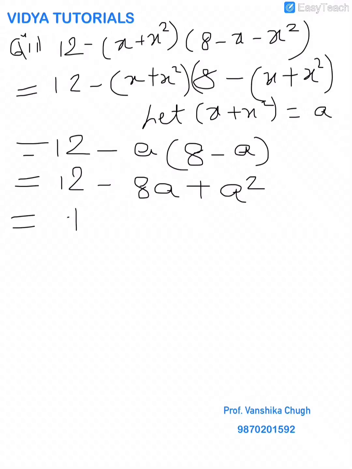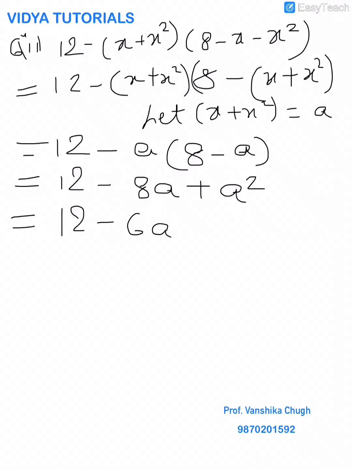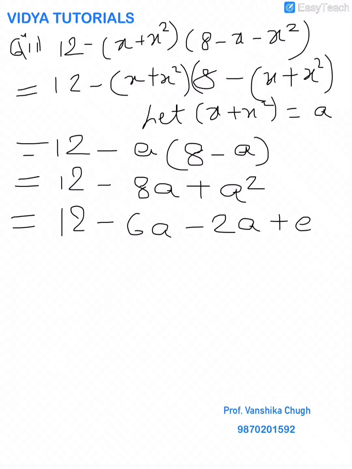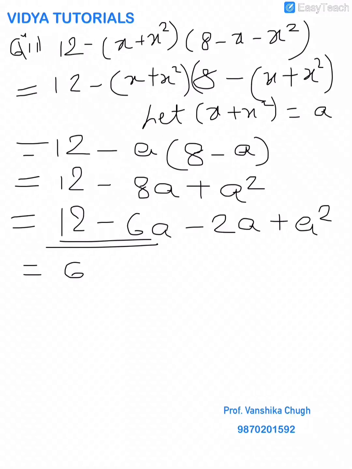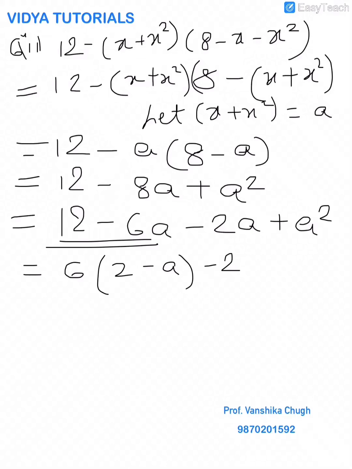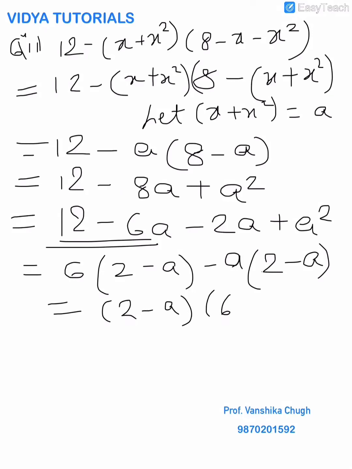So I have 12 minus 6a minus 2a plus a square. Here I can remove 6 common, so I get 2 minus a, and here I remove minus a common. So I get 2 minus a. And my two brackets are 2 minus a and 6 minus a.